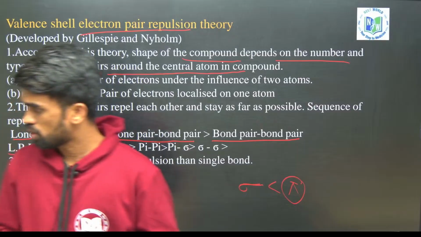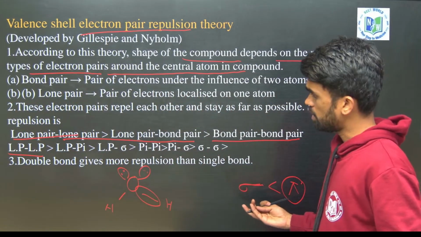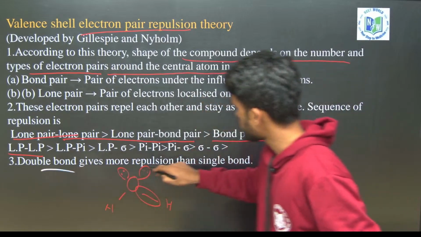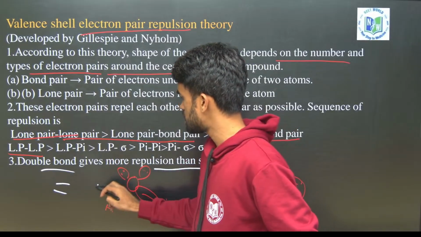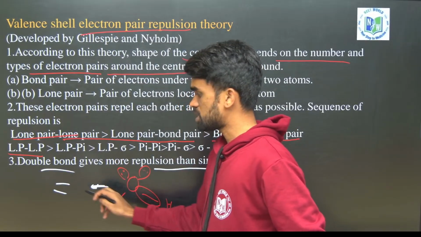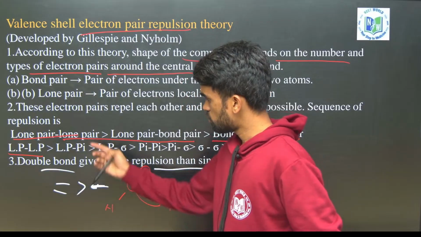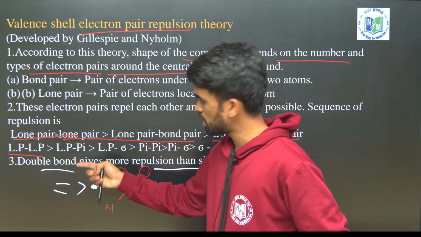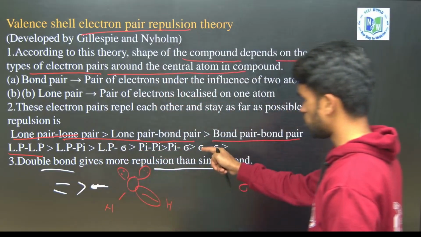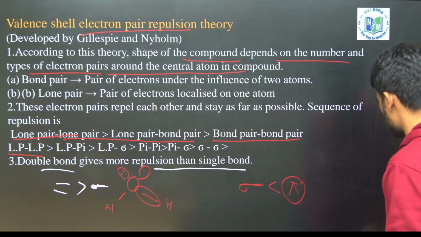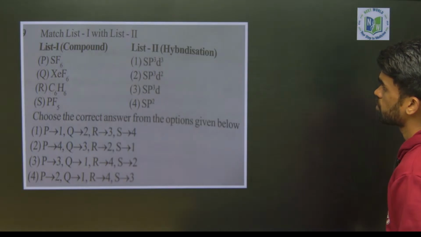We will look into examples. A double bond gives more repulsion than a single bond. It means whenever I have a double bond and a single bond, repulsion will be more in the double bond. When we solve questions you will get more clarity. As of now, write these two statements.